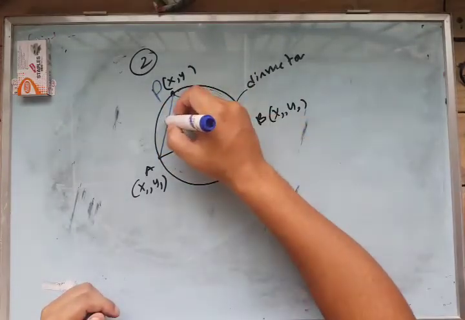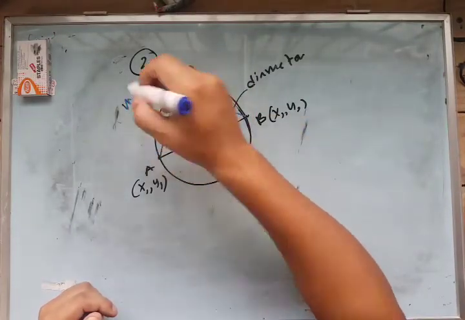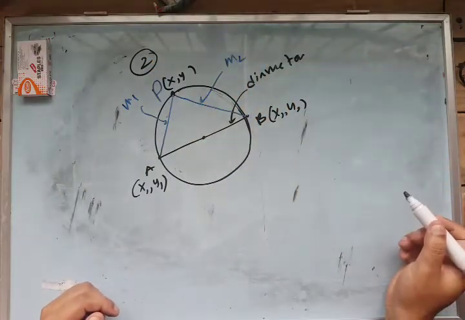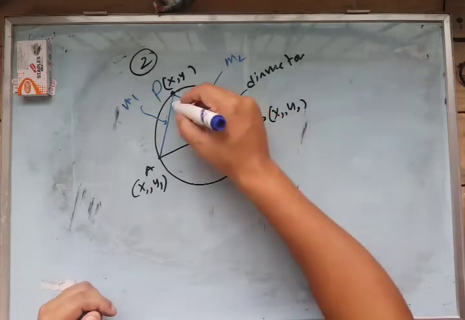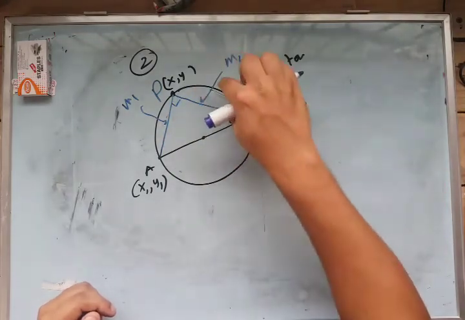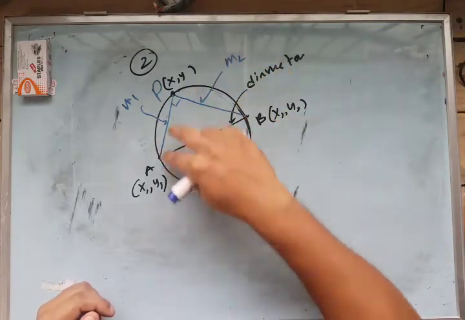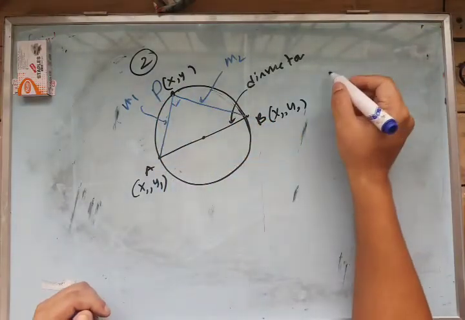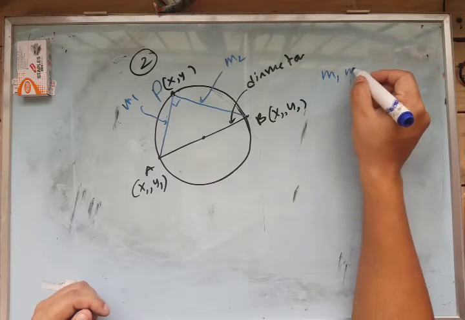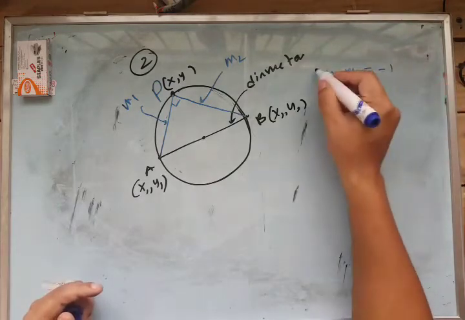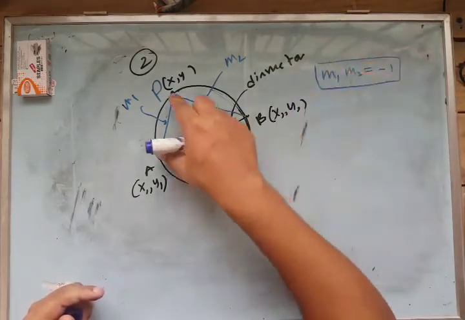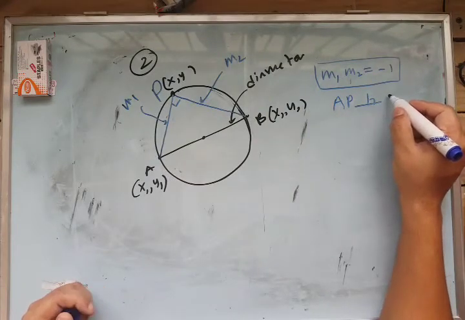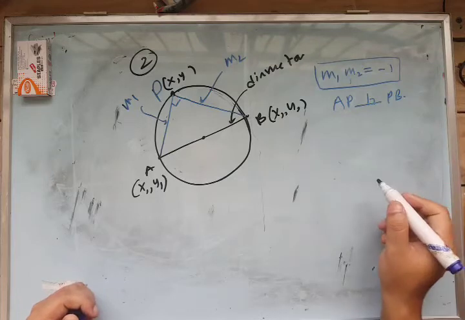Let's say the gradient here is m1 and the gradient here is m2. Choose any point on the circle; AP is perpendicular to PB, so m1 times m2 must be equal to minus 1.